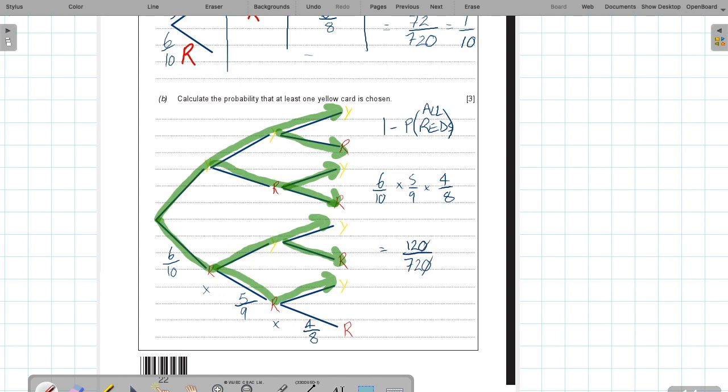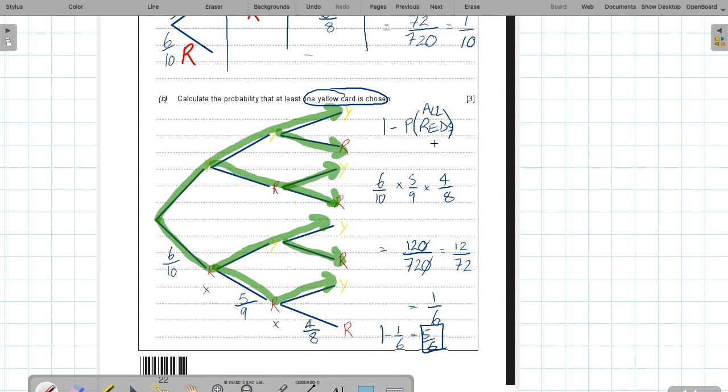The zeros can cancel there, so we have 12 divided by 72. 5 times 12 is 60, so 6 times 12 is 72, so 1/6. So the probability of picking all reds is 1/6. So 1 minus 1/6 is 5/6, and that's the probability that we get at least 1 yellow card when we stick our hand in 3 times.